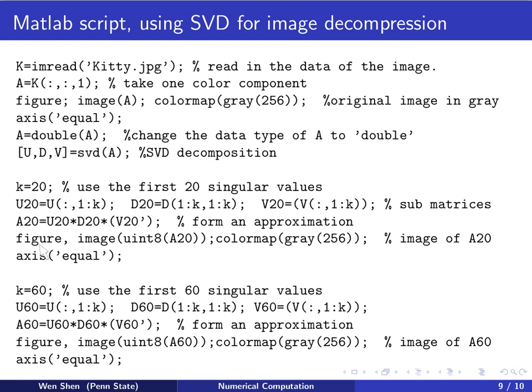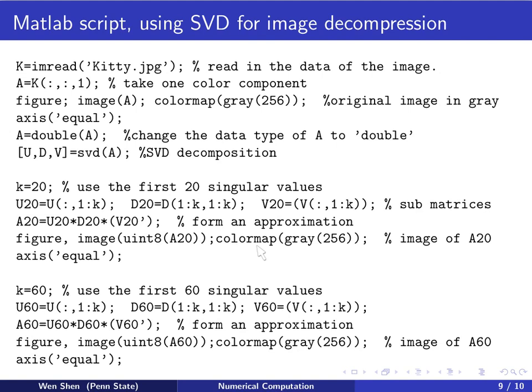And then we open another figure and display this image. So in order to display the image, you need to change the data type into uint8. It's just a Matlab standard format for image display.